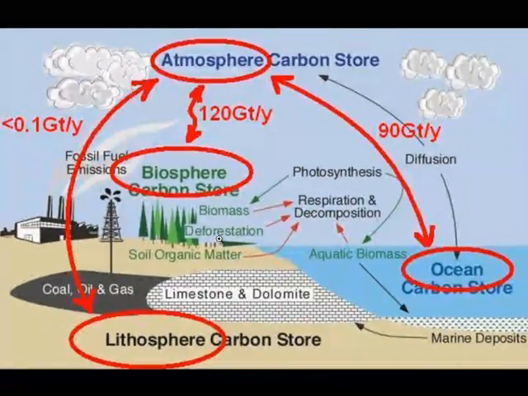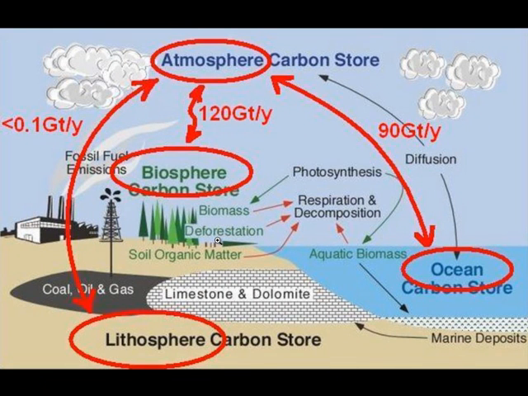About half of the emissions which humans emit into the atmosphere stay in the atmosphere. The other half gets absorbed by the ocean and the biosphere. So about half the emissions we emit actually add to the amount of carbon dioxide in the atmosphere.